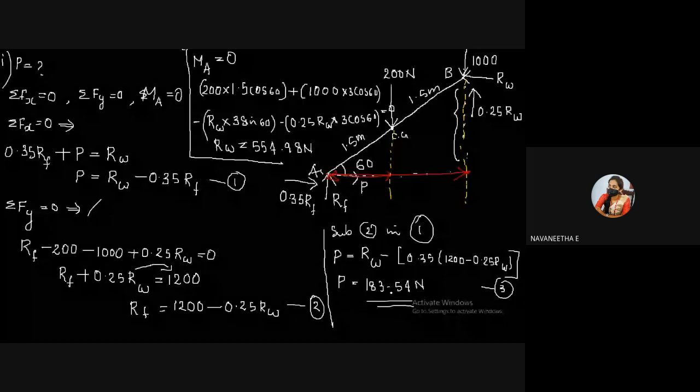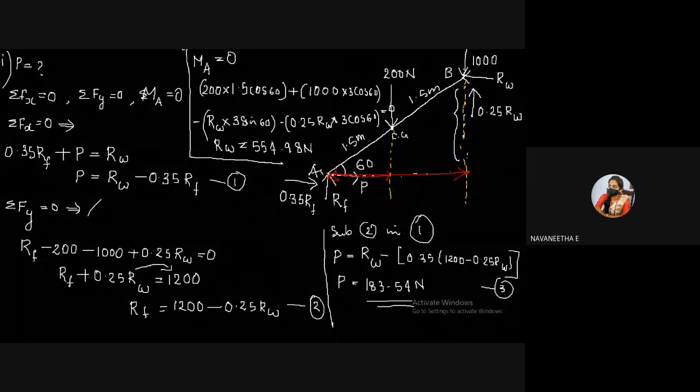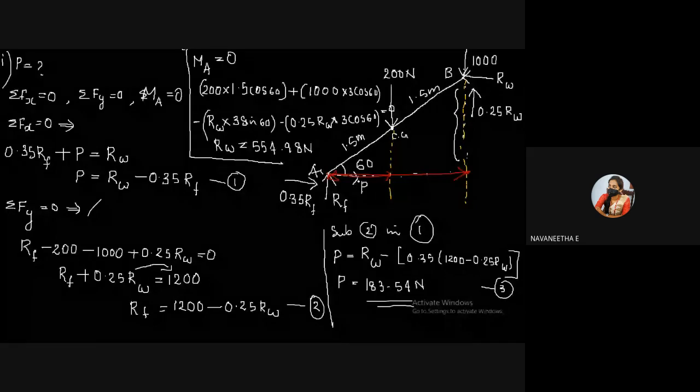Without applying the force P, what will happen when we apply the extra force, the 1000 Newton weight, at the point A? Obviously the ladder will slide down, and then at a particular position the ladder will stop. We have to find the inclination of the ladder with the horizontal at that moment.